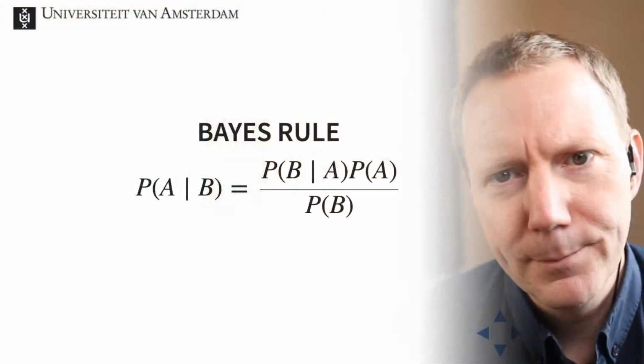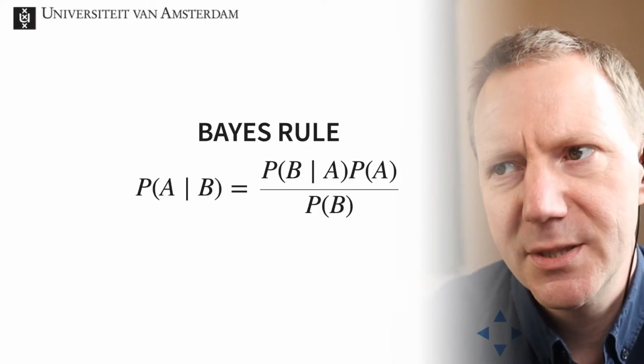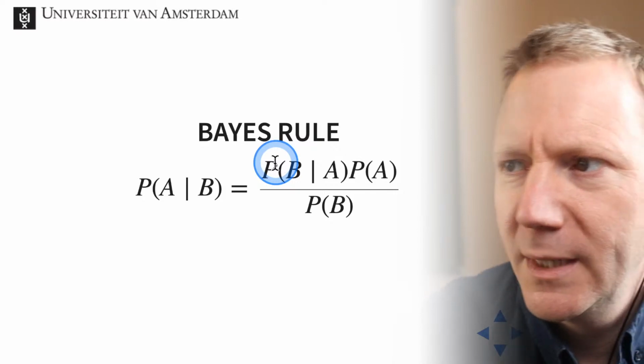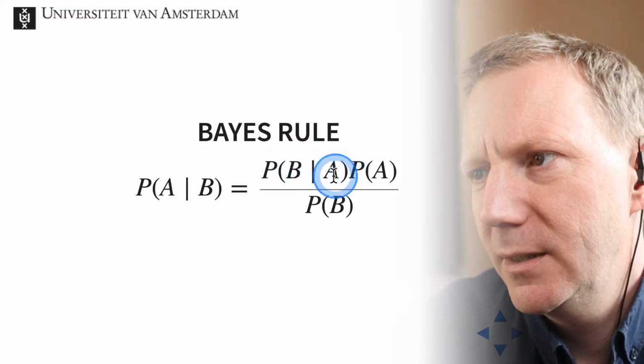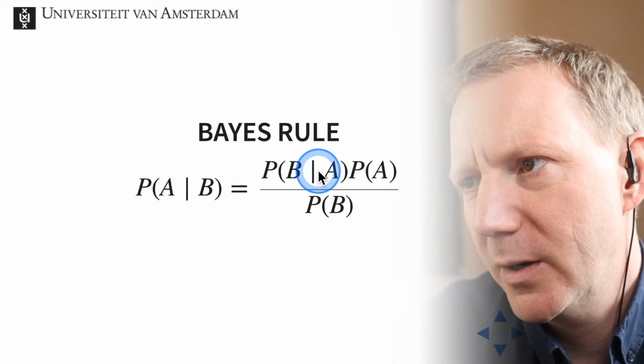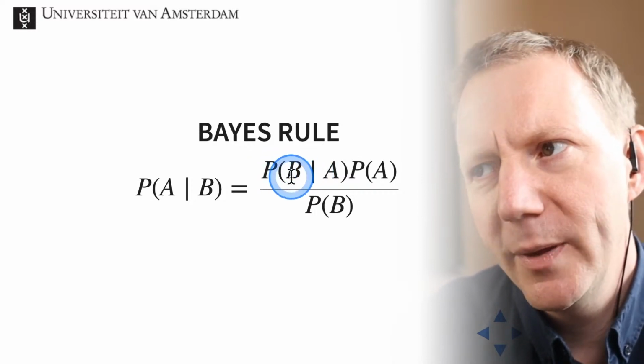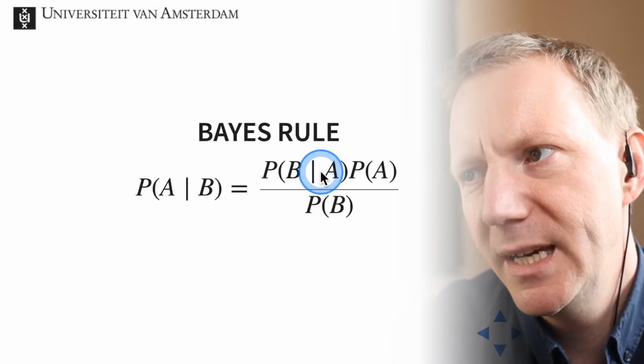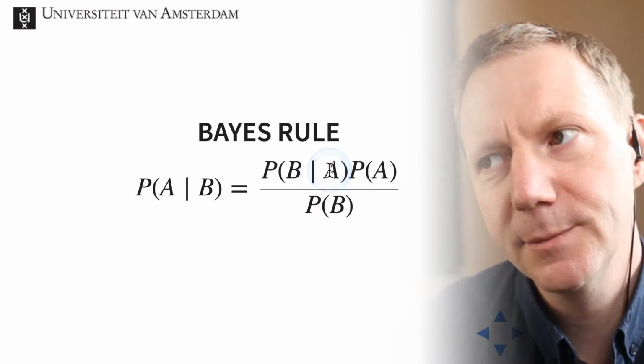What the Bayes rule is actually saying is that this part above is the probability of a specific data given some hypothesis.